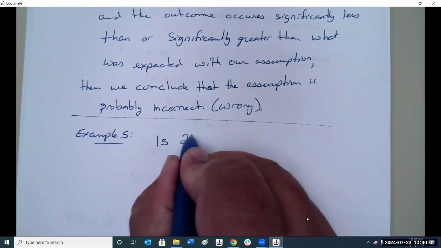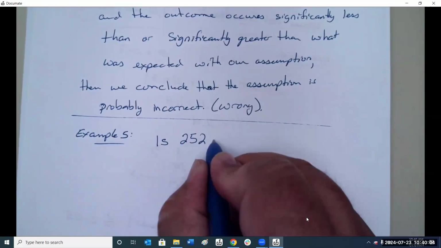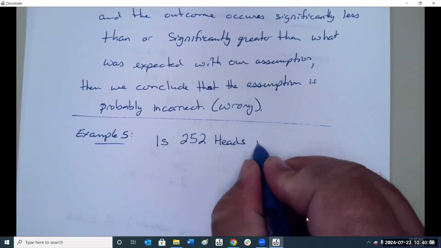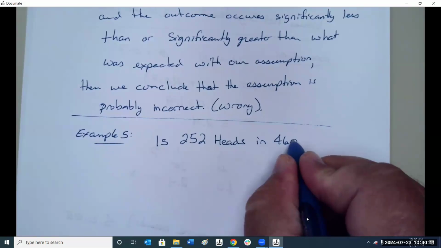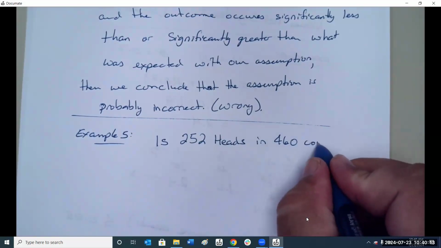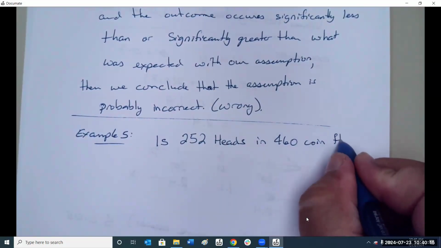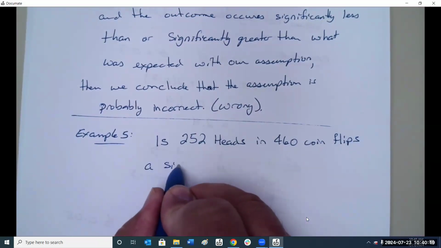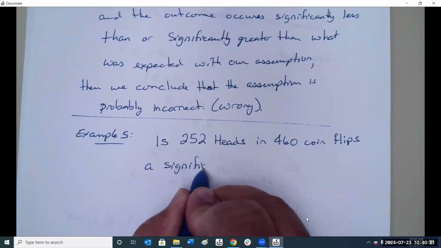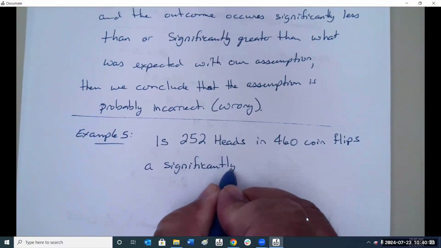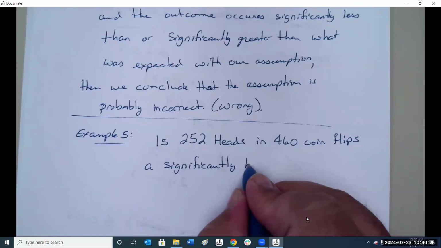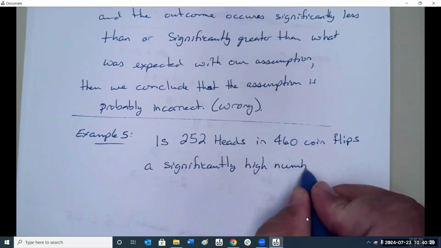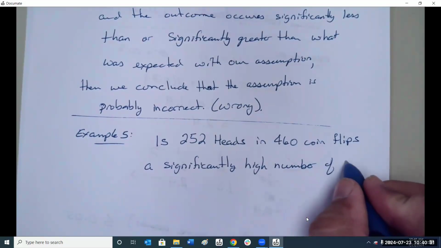Is 252 heads in 460 coin flips a significantly high number of heads?